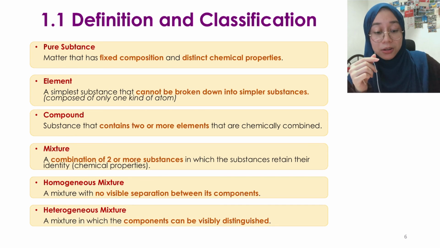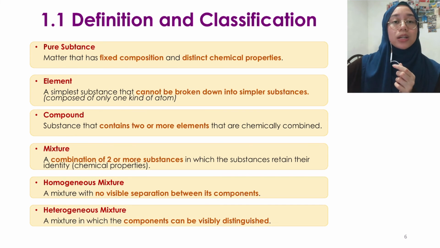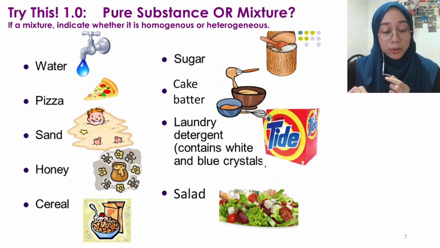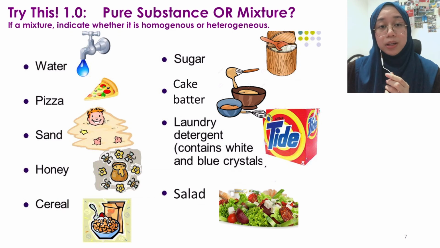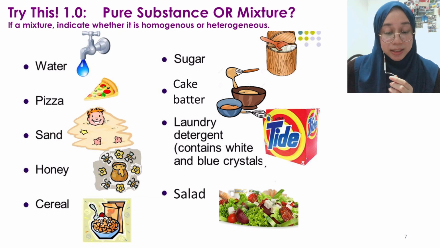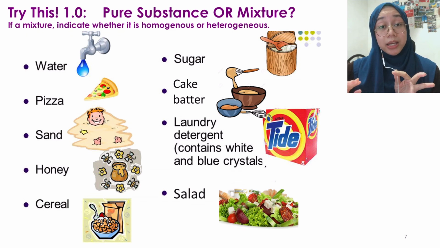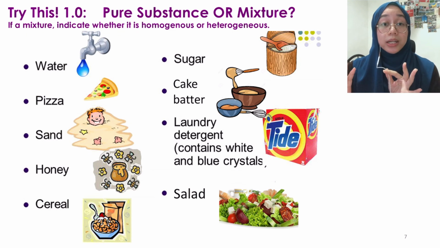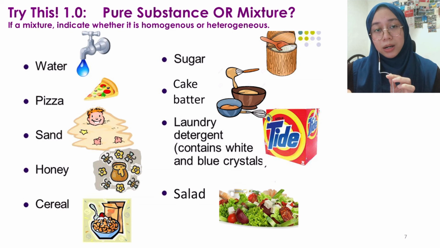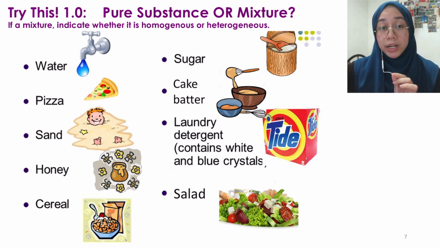Okay, therefore now it's your turn to test your understanding. Therefore try this question, try this one. So have a look at all the substances, all the matters here, and differentiate whether it is actually a pure substance ataupun it is a mixture. And if it is a mixture, you need to indicate pula whether it is actually homogeneous ataupun heterogeneous.